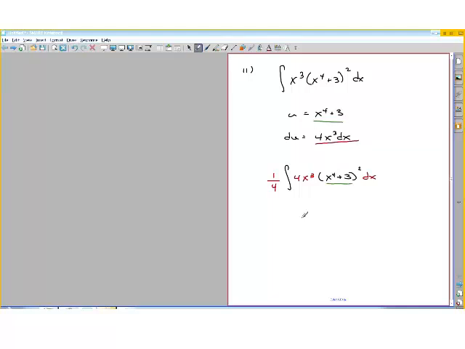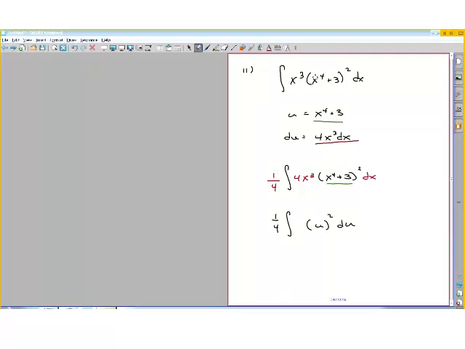So then we do this u substitution. The 1/4 stays the same outside. 4x cubed dx just becomes du, and the term in the parentheses is u. So we get u squared times du. Actually that's du, not dx, so this should be du, because du is equal to 4x cubed dx.